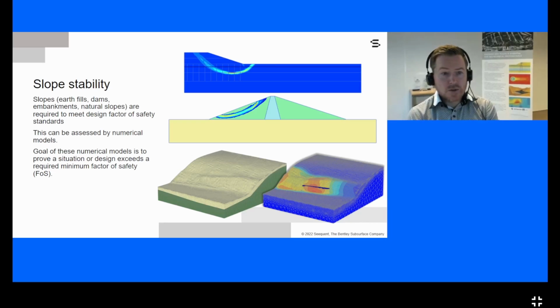So if we talk about slope stability, we usually have to deal, of course, with a slope in our geometry. That could be an earth fill, or a dam, embankment, levees, natural slopes. And once we analyze these, especially when we design these slopes, we require them to meet a certain design factor of safety.